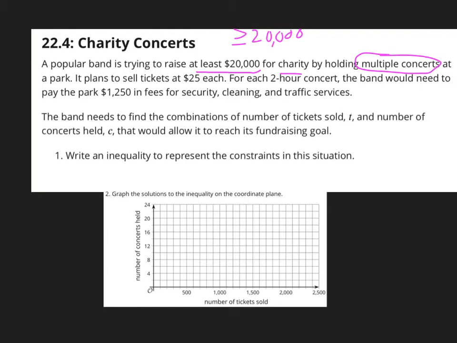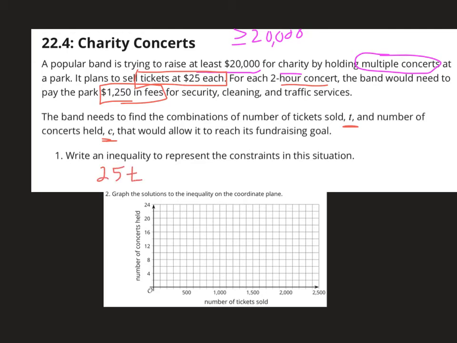And how are we going to raise this money? Well, we're going to have multiple concerts, and we're going to sell tickets for $25 a pop, right? So that's money in. Every time we have a concert, we're going to have to pay money out. So this is $12.50 in fees, right? So it says we're going to write T for tickets, and concerts held is C. So I guess I'm going to get $25 for every ticket, right?